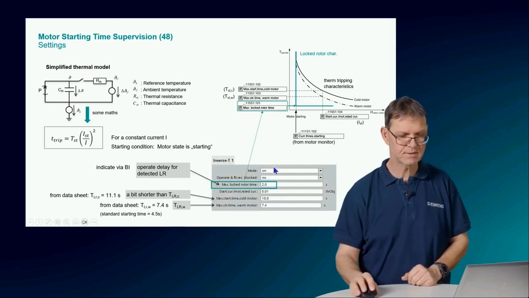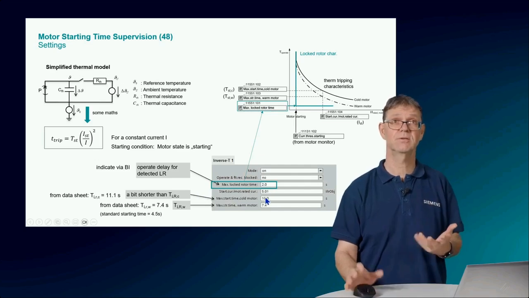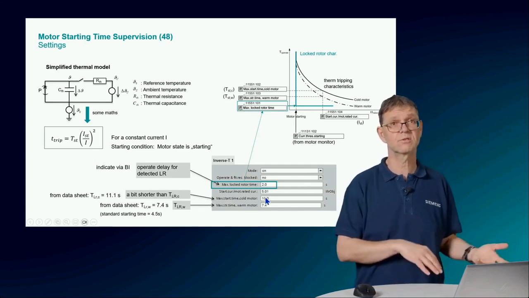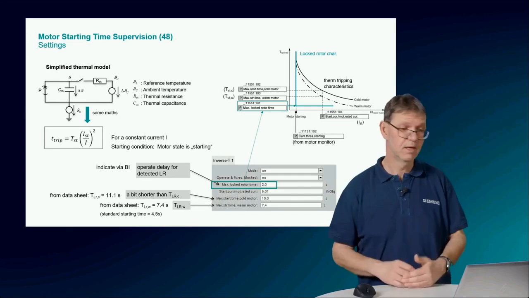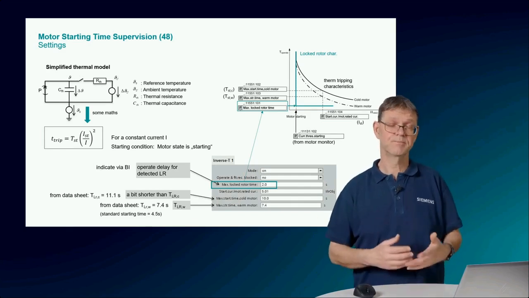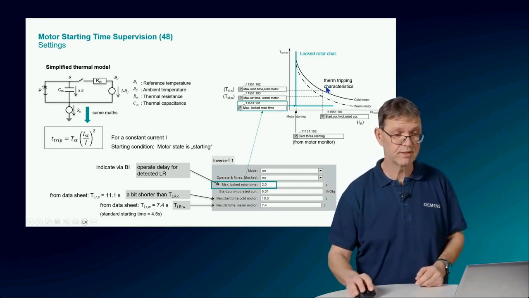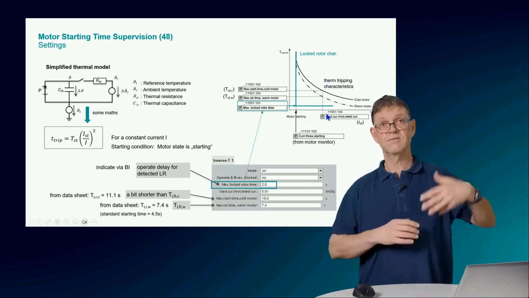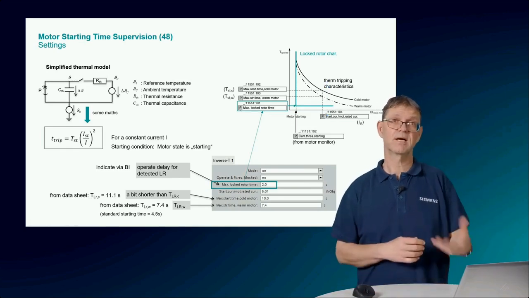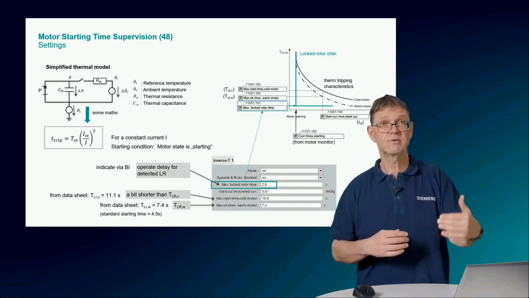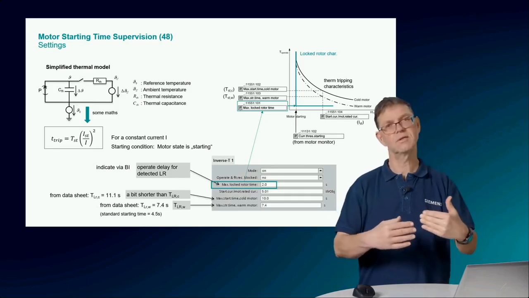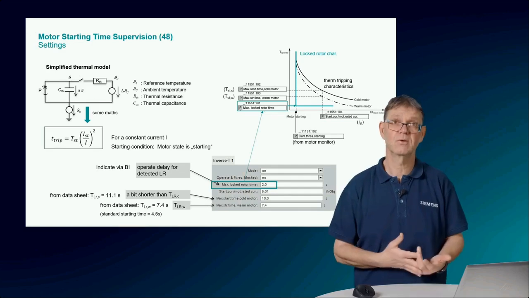But again, these settings depend really on the situation, how long the motor starts, how long is the locked rotor time. So basically, if the maximum locked rotor time, what you have here in these characteristics, is much longer than your starting time, you can be a little bit more generous. If it's very close, then you have to think, what do you want to allow for the start?